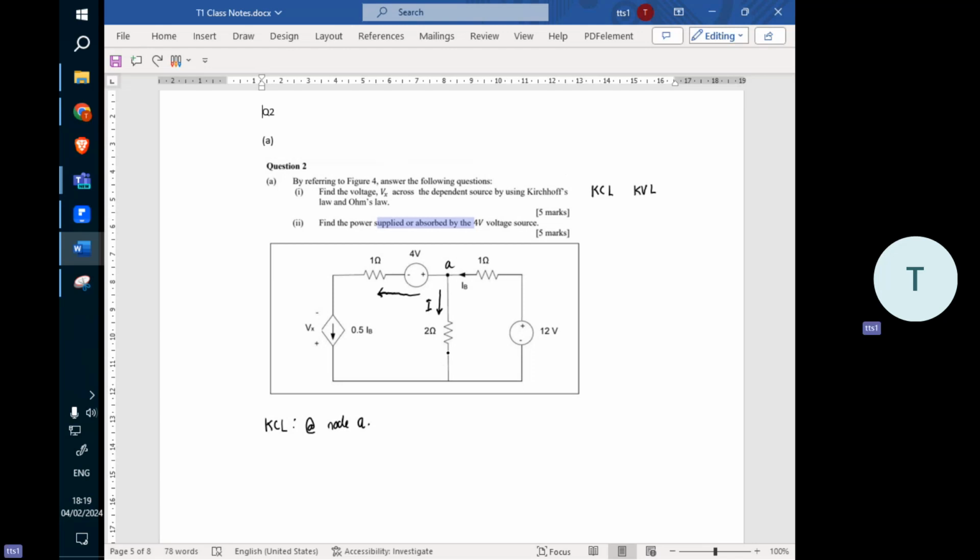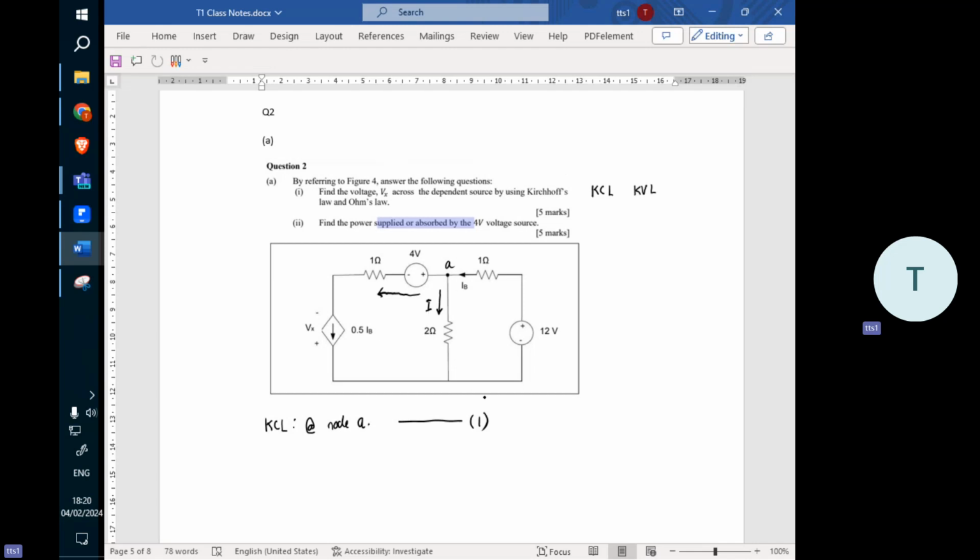What I can tell you is that after you use KCL, you get this equation. This is going to be your first equation. You are still unable to find anything from this equation yet, as there's some unknown here. IB is going to be your unknown, because this I is based on IB, right?